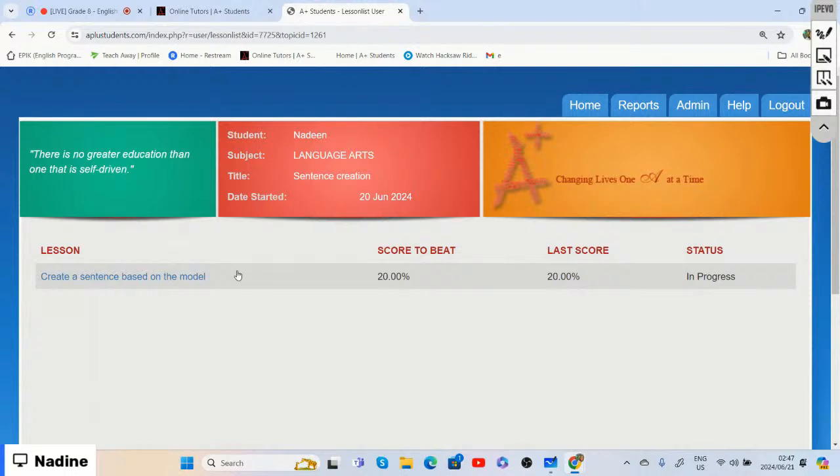With model sentences as well as recreating a sentence, it's all about making your sentence interesting, using adjectives to describe your sentences, right? Because the reader needs to be enticed when they are reading whatever you have written.